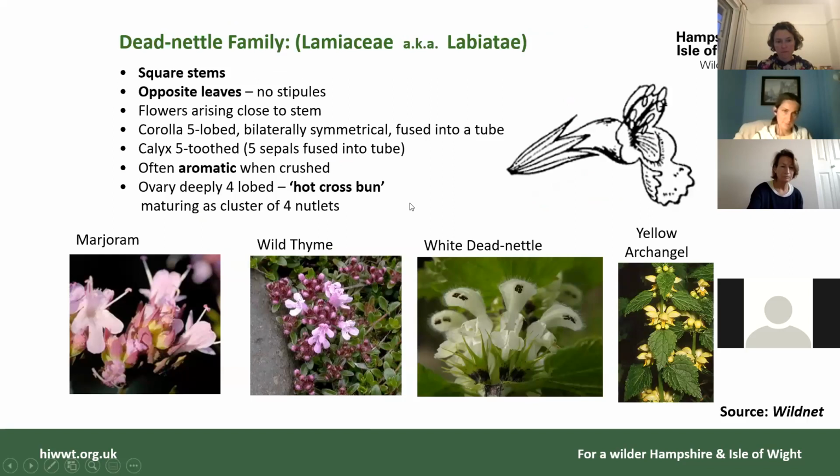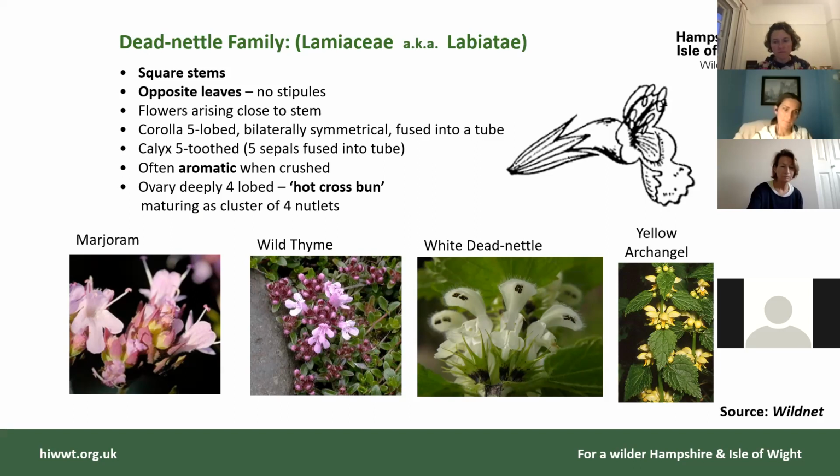Another family, which again, we're probably going to find all over the place, includes things like white dead nettle, wild thyme, wild marjoram, things like that. So this dead nettle family, again, it's really characteristic because they have square stems, believe it or not. If you find a white dead nettle and you feel the stem, it's actually square. It's not round.